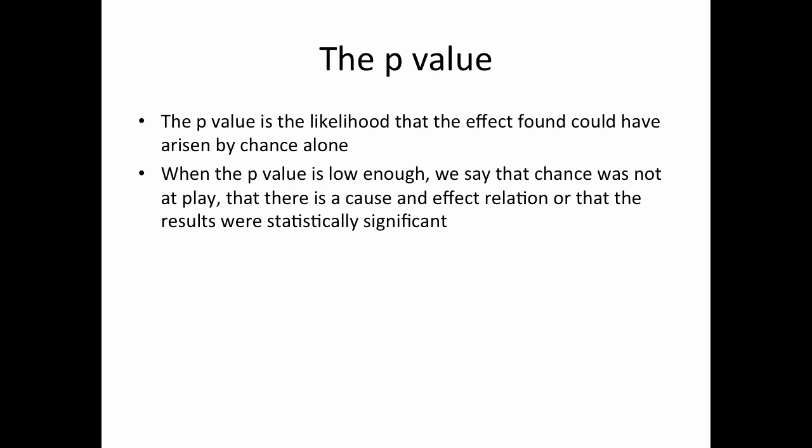By convention, we say that when the p-value is low enough, chance was not at play, that there was a cause and effect relationship between the intervention that we gave and the effect size that we saw in the study. And when that happens, we say it was statistically significant. In other words, statistically, it was so unlikely, rather like we wouldn't believe a gambler who managed to throw 6 heads in a row.